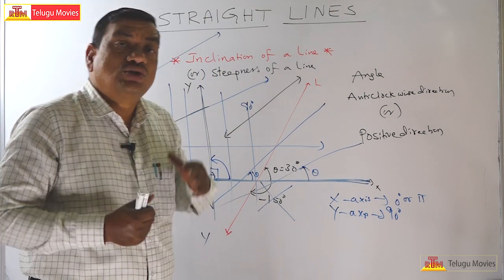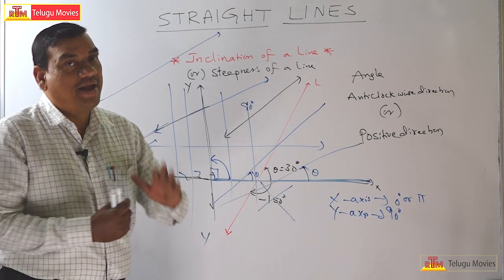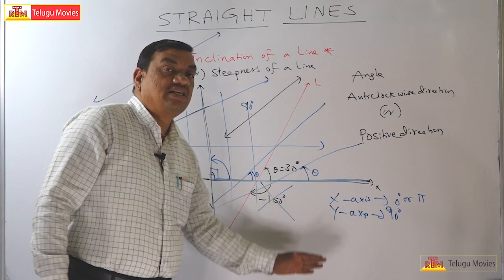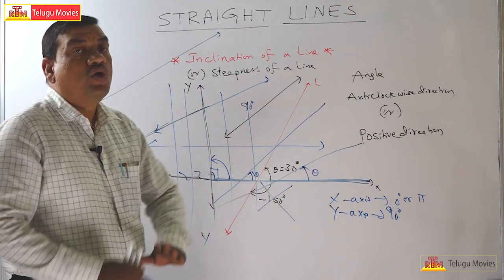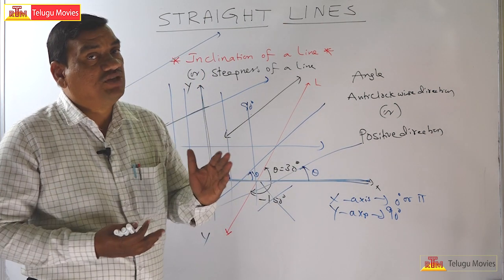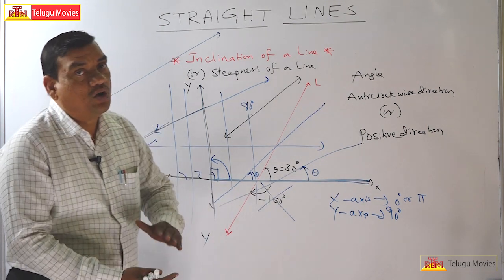Here we have taken the x-axis as a base. You may ask one doubt: sir, why do we have to take only the x-axis? Why can't we take the y-axis? Whoever developed the subject took the x-axis as the base and developed the subject.